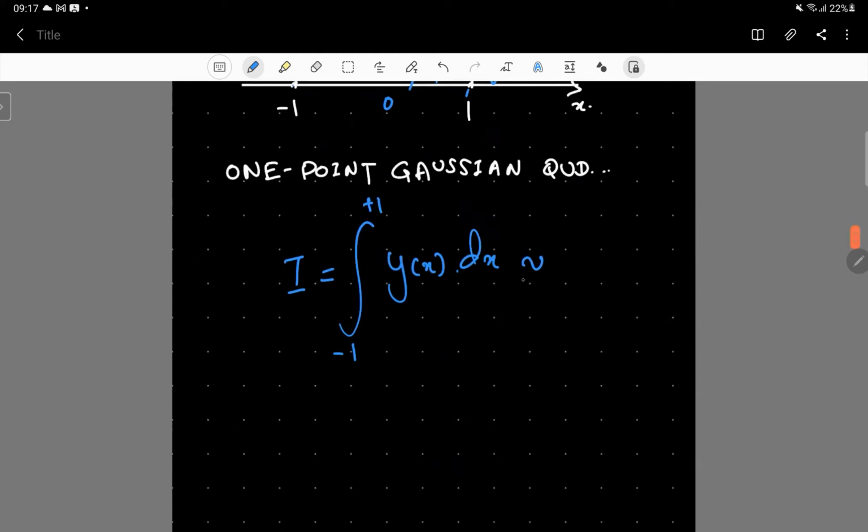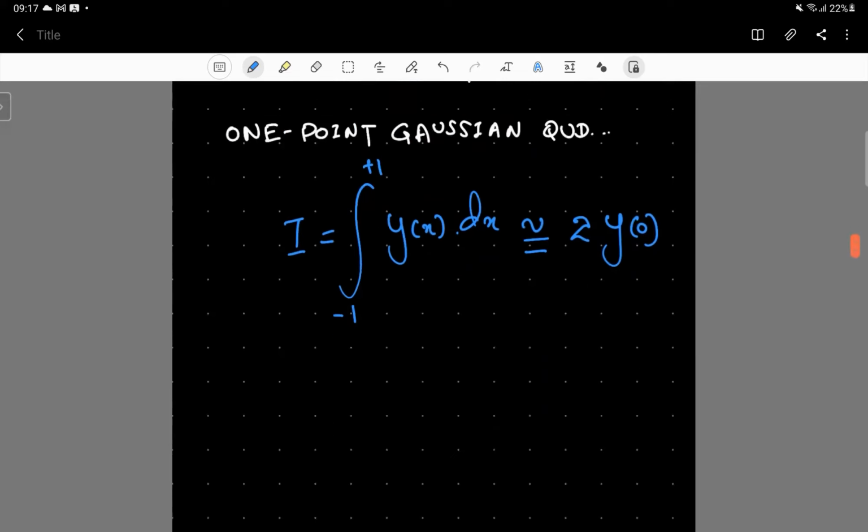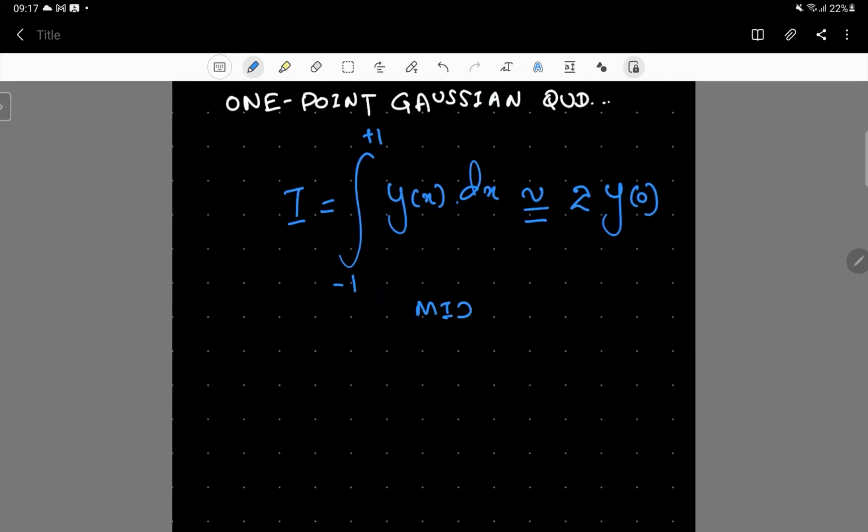And in this 1-point Gaussian quadrature method, we assume that it is approximately equal to y0 times the length of the integration interval. So this is quite familiar, I guess, for you all. We also call this a midpoint rule. You may have already used this to approximately calculate the area intercepted by certain curves. The first approximation, call it a midpoint rule.